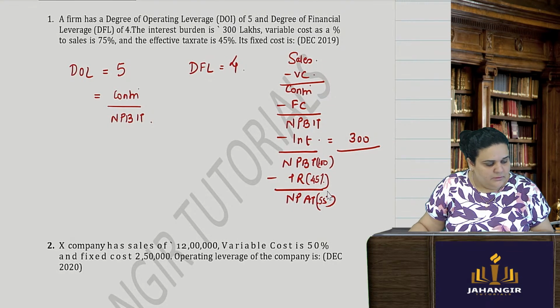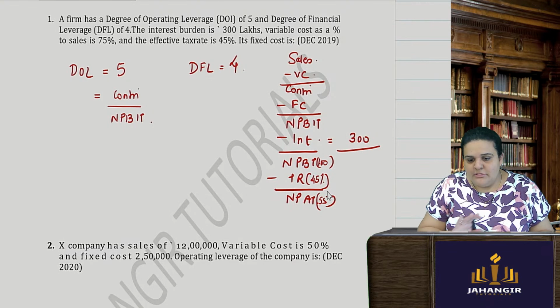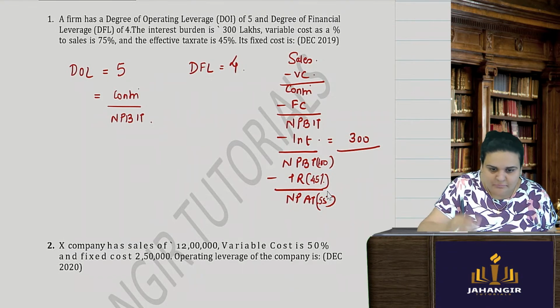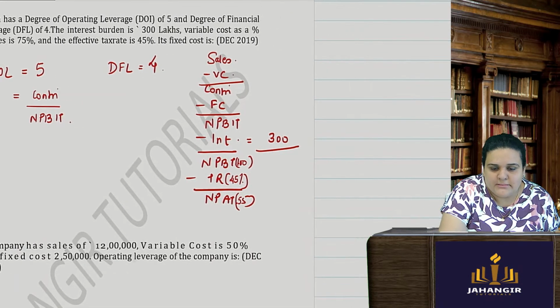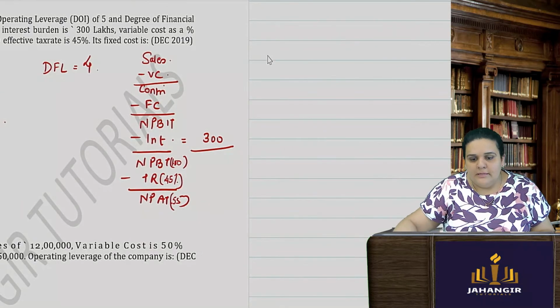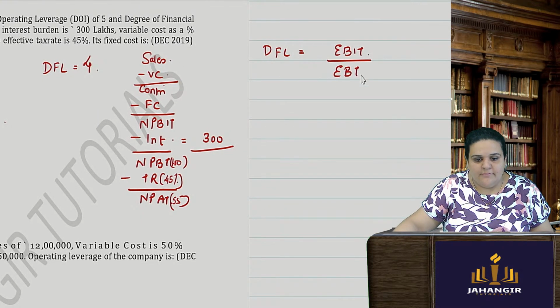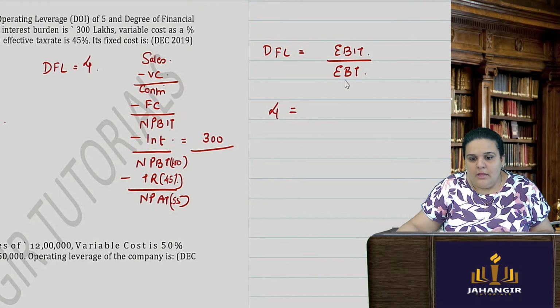Right now I am just able to fill this interest factor. Let's move to the other formula and see if we can find it. Degree of financial leverage. They are saying it is EBIT upon EBT, and they have given me that as 4. I know the meaning.